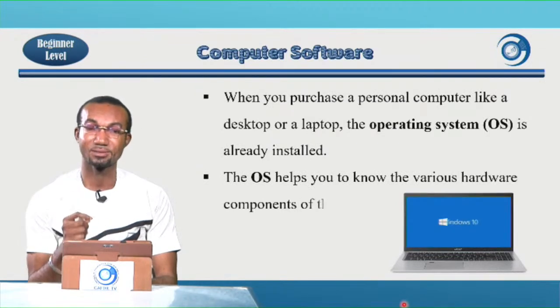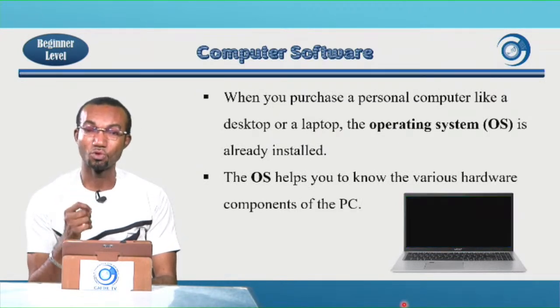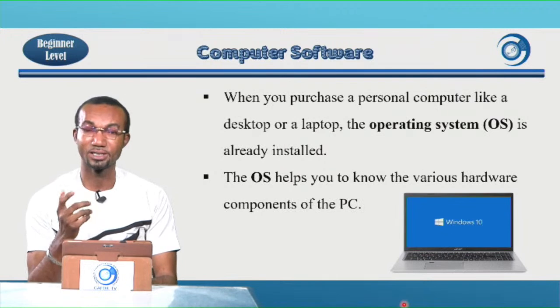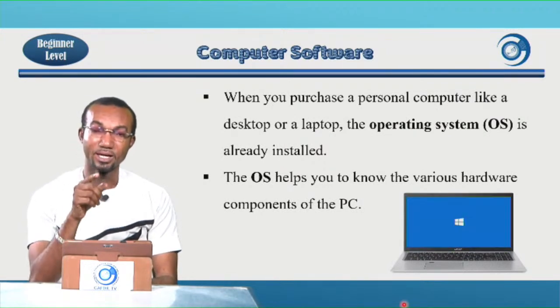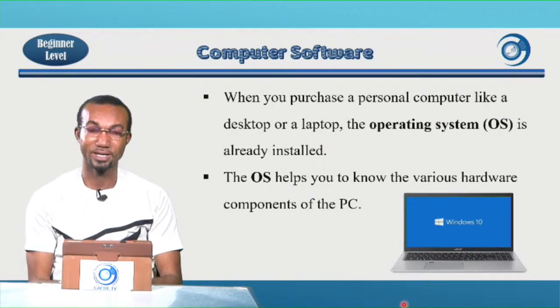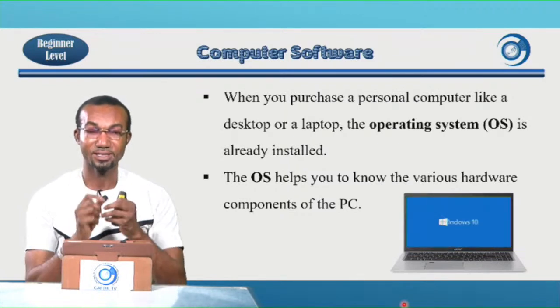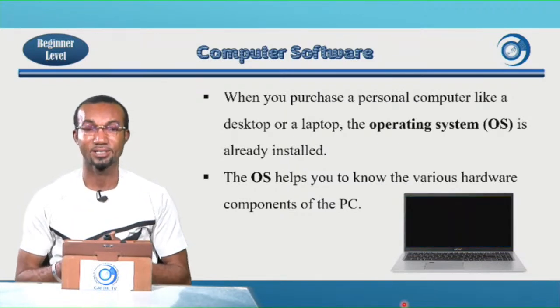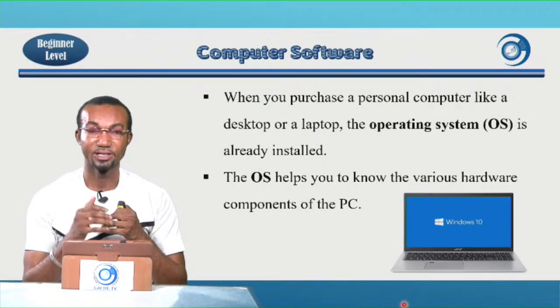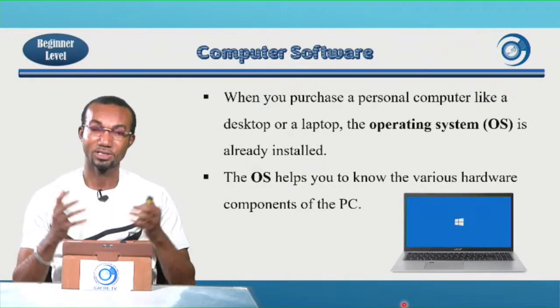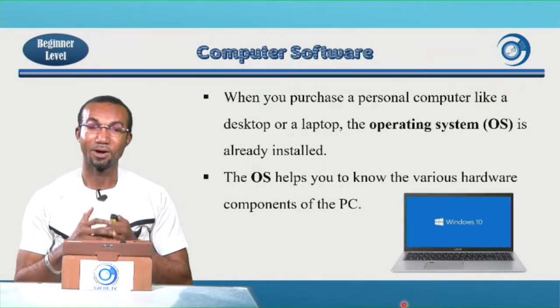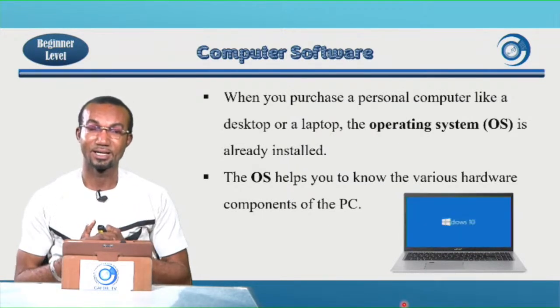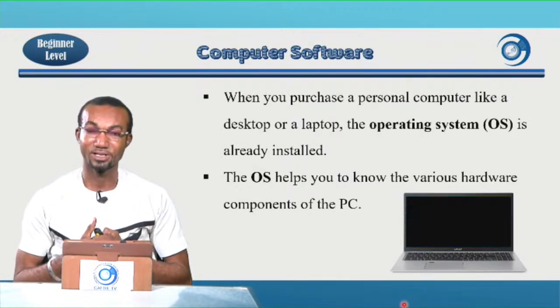The operating system, that is the OS, helps you to know the various hardware components of the PC. If I want to buy a PC, the first thing I will do is check the specs, that is the specification of the PC. What are the specifications? I will look at the size of the screen as part of the specs.